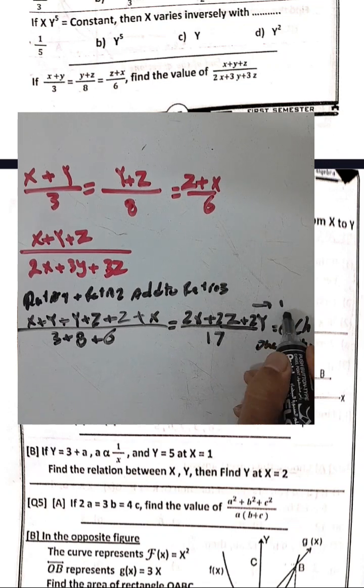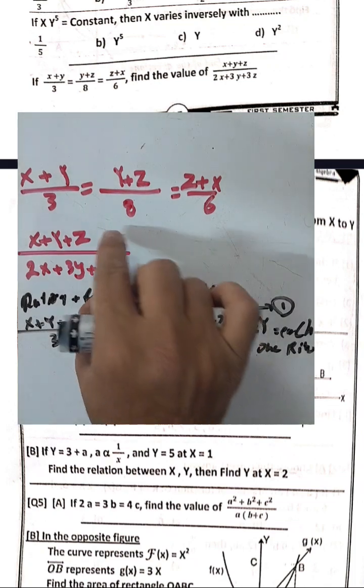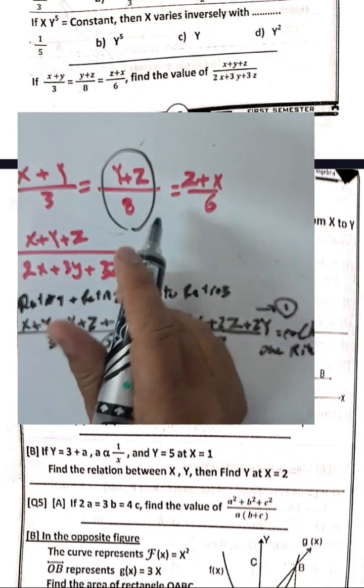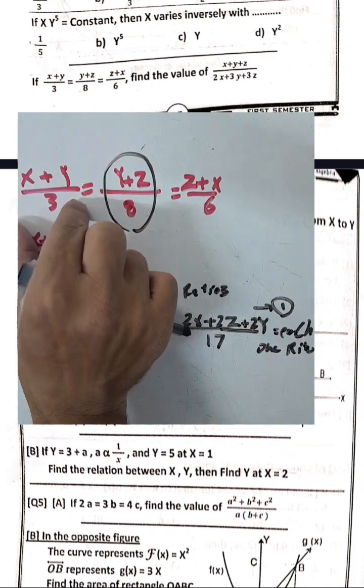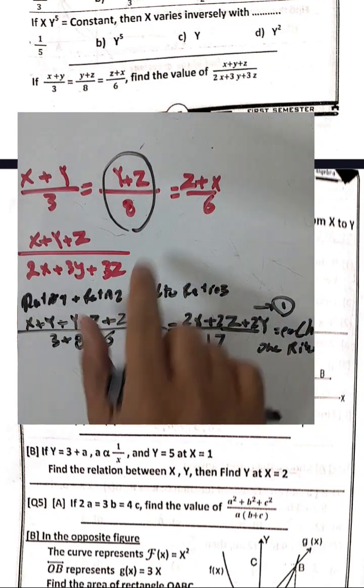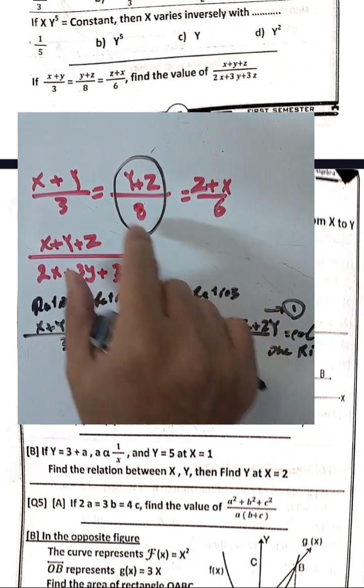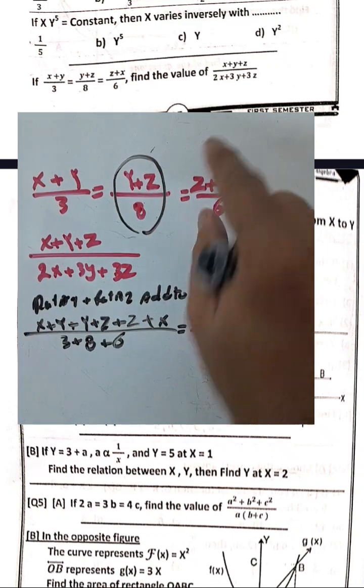It's relation number 1. And how can you find 2x plus 3y plus 3z? Multiply the second ratio by 2 and add the result to the first ratio and third ratio.